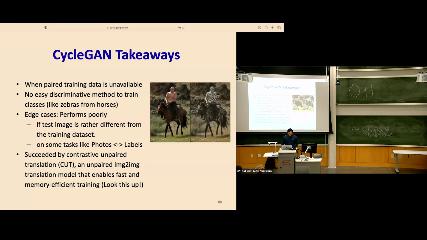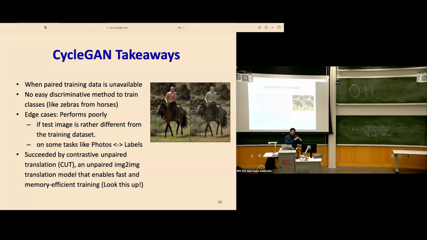Who knows? Again, this paper was succeeded by another paper by Professor Junyan, and it's called Contrastive Unpaired Translation. It's essentially an unpaired image-to-image translation model that enables fast and better, more memory-efficient training. Look it up, yeah, it's pretty helpful.